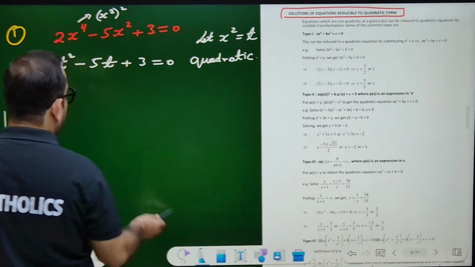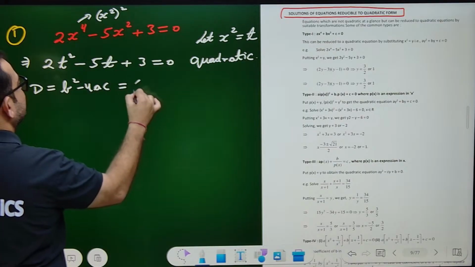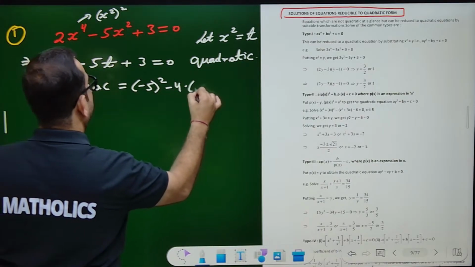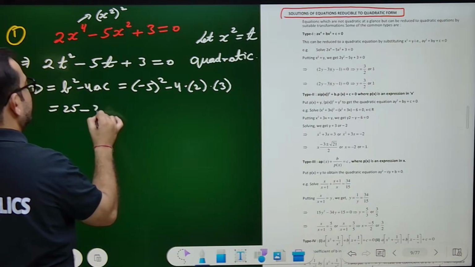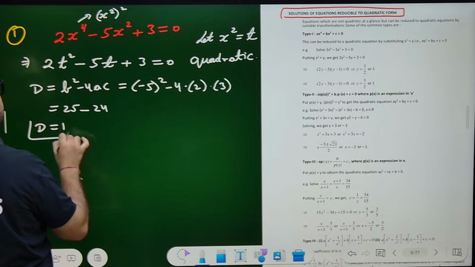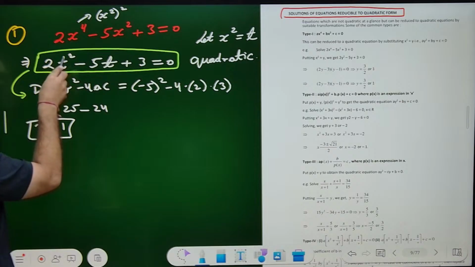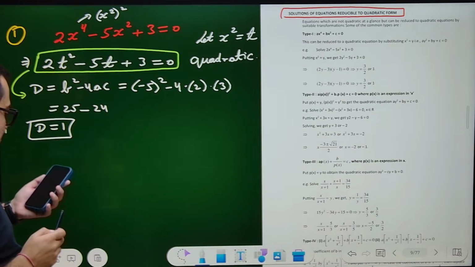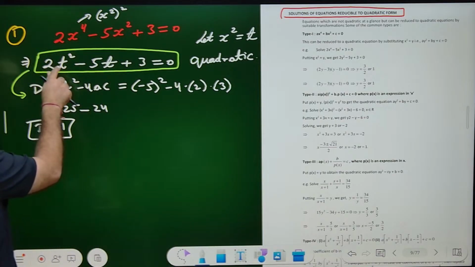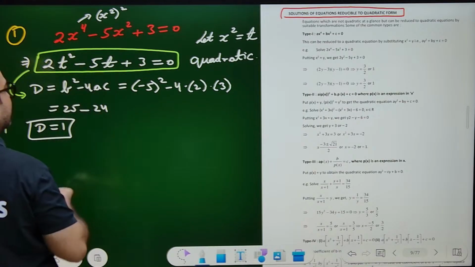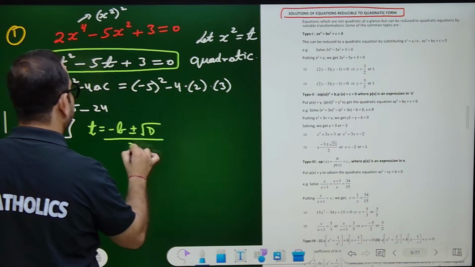So now I'll find D. D will again be b square minus 4ac. That will be minus 5 square minus 4 into 2 into 3. That means 25 minus 24, so D equals 1. This discriminant is for this equation we are solving right now. For now, if I want to find the solution, I'll write t equals minus b plus minus under root D by 2a.